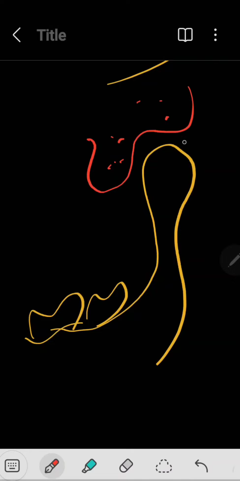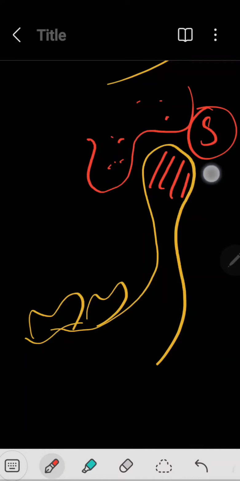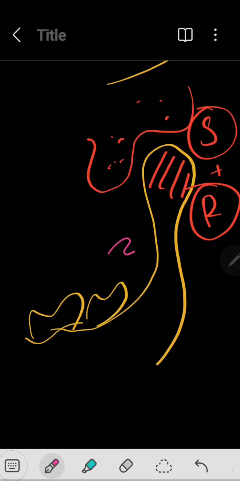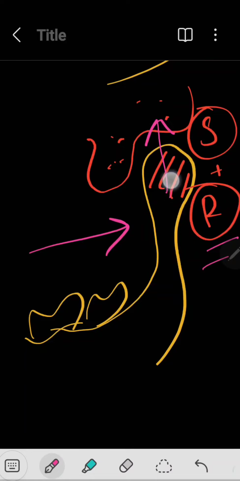And if this is the most superior position of the condyle and the most retruded position of the condyle, it basically means this is the position beyond which the condyle cannot move, called the most retruded position, and this is the position above which the condyle cannot move, the most superior position of the condyle, with the articular disc properly interposed between it.